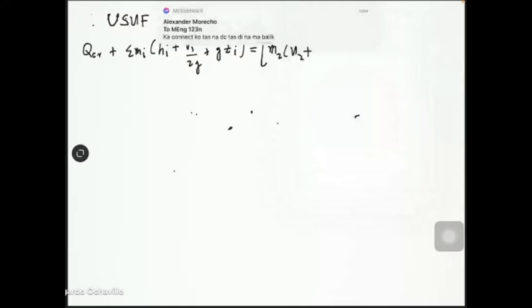Okay. This is the mass inside your control volume plus the mass that is leaving your control volume.